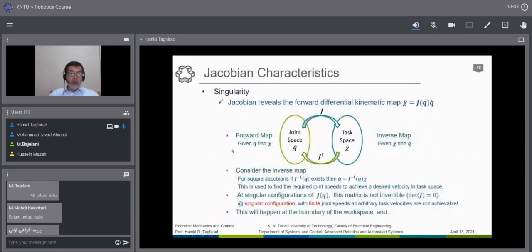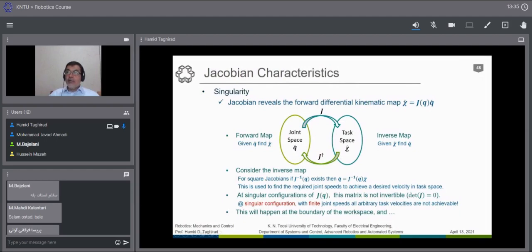As we saw, the Jacobian matrix maps the joint velocity space q dot into the task velocity space x dot, or g dot, a tuple of usually 6 degrees of freedom, which we also call a twist.